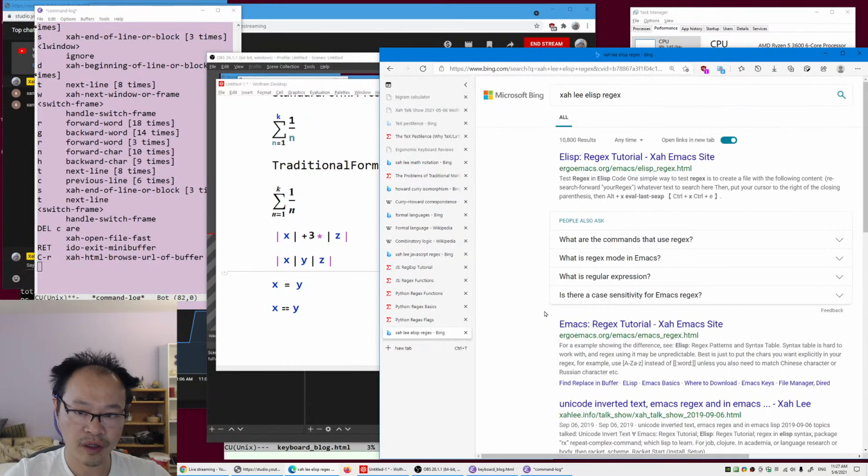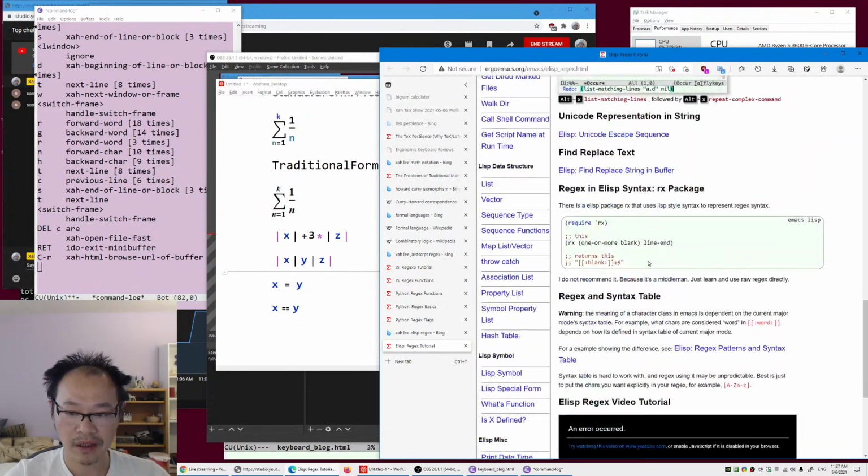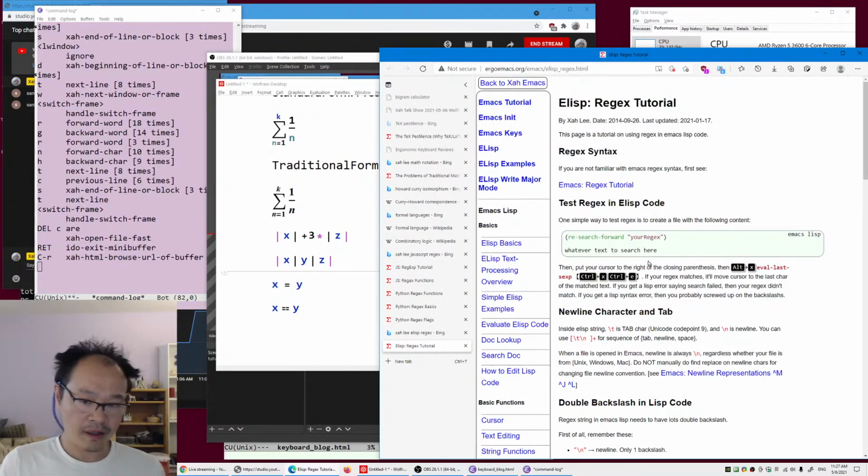I also have a tutorial on Emacs Lisp regular expressions, so you can see there's a tutorial for regular expressions in Emacs. So anyway, let's go back to where we were.